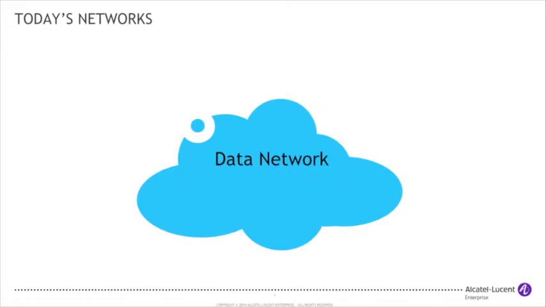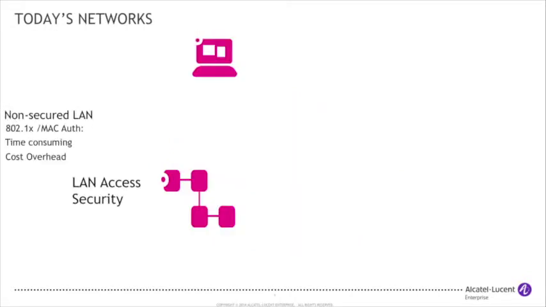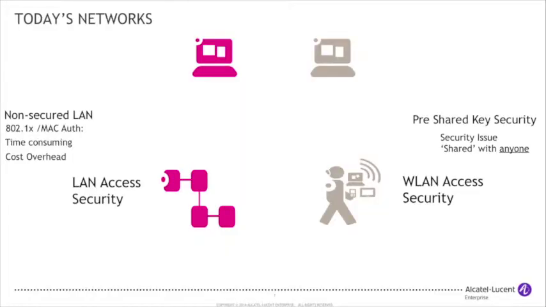Today's data networks consist of a wired LAN, which is generally not secure. This can be due to complexity and/or cost of deploying the security, 802.1x or MAC authentication. Or enterprises think that wired access requires the user to be in the building to have physical access to the port, therefore security isn't needed. We have wireless LAN.